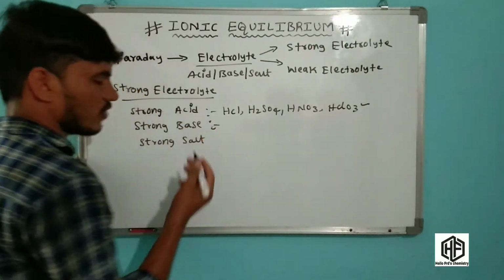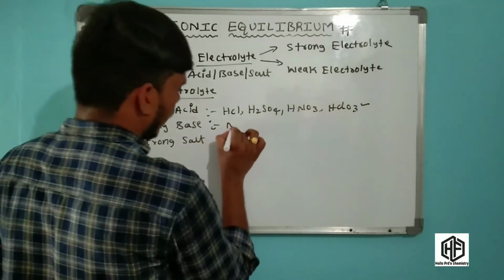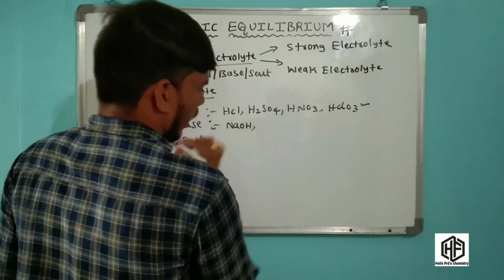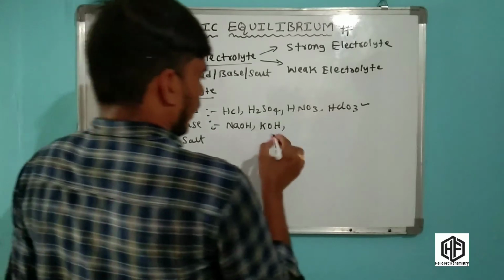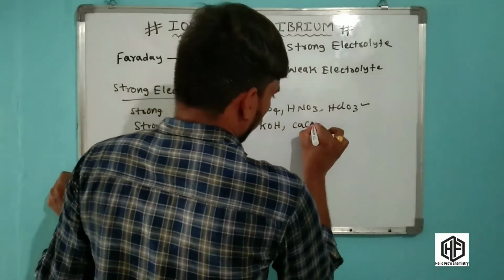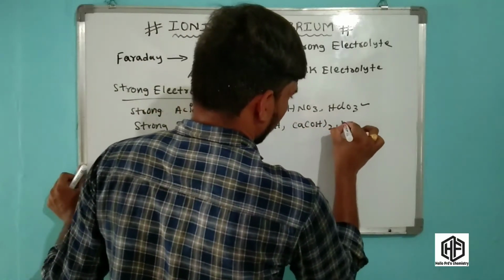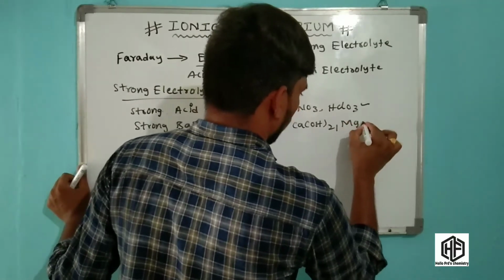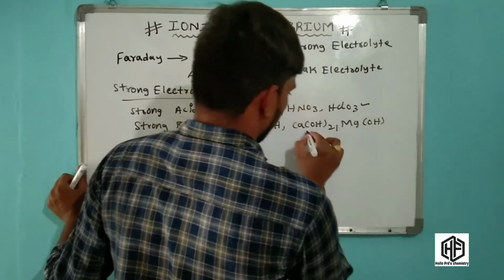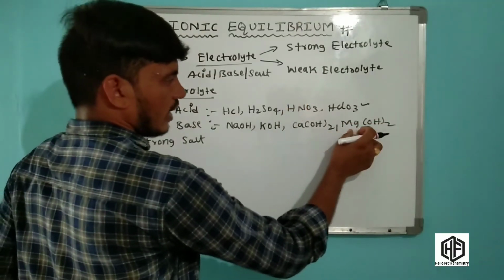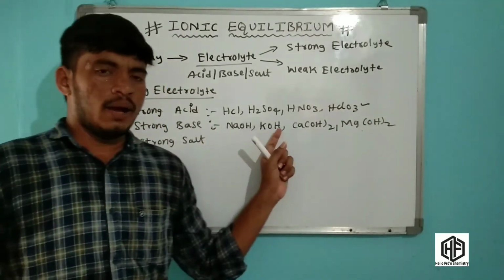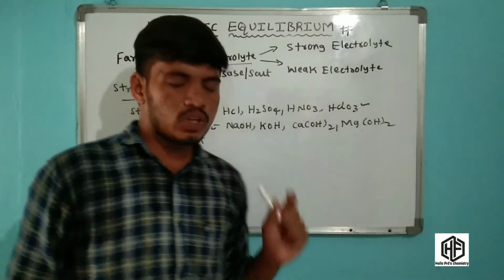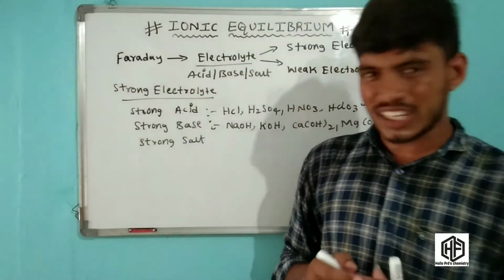What is a strong base, friends? Strong bases are NaOH, KOH, Ca(OH)2 and Mg(OH)2. These are strong bases. One more important point, friends: what is a strong base?